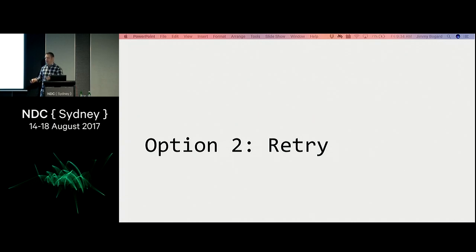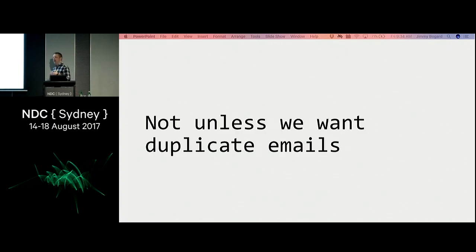Basically, it comes back to SendGrid explicitly deciding not to support any kind of retryable behavior, because their entire business model is defined through: whenever you call my API, I'm going to send an email as quickly as possible. You call me twice, that's two emails. You don't want to call me twice? Don't call me twice. So we don't want to do retry unless it's okay for us to have duplicate emails.